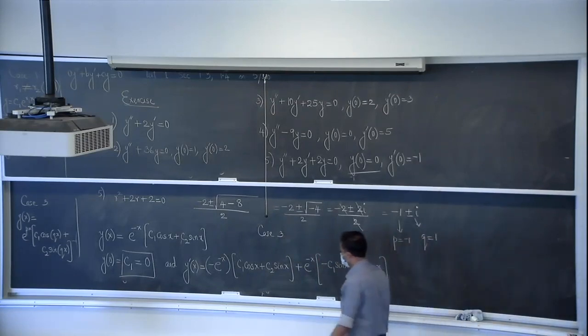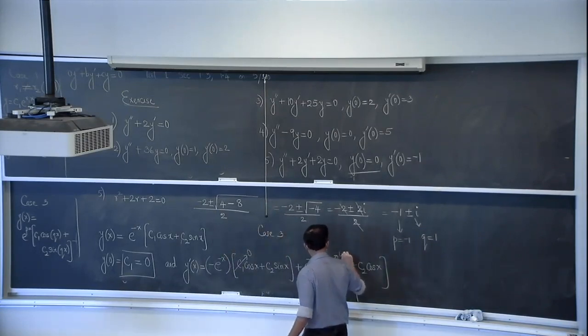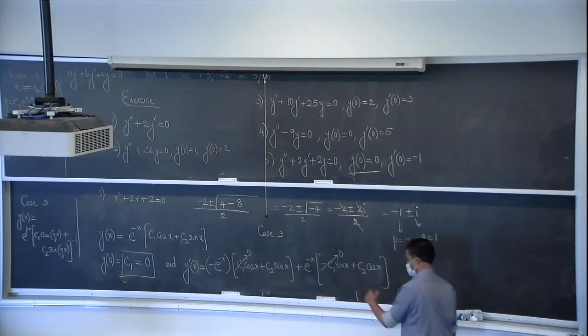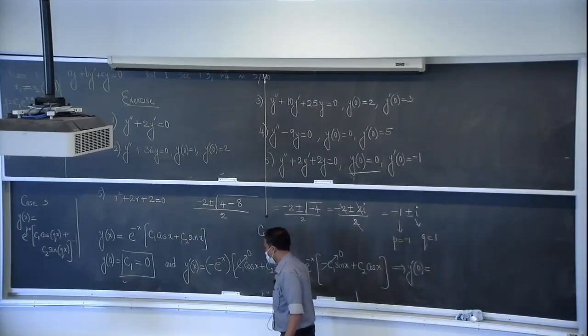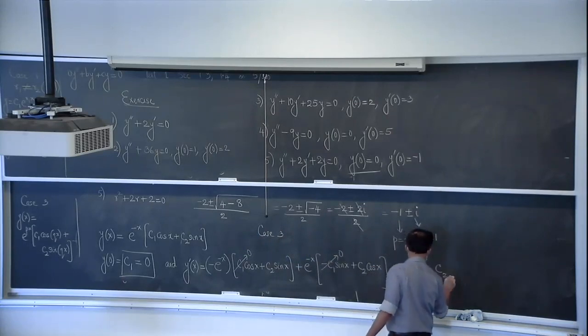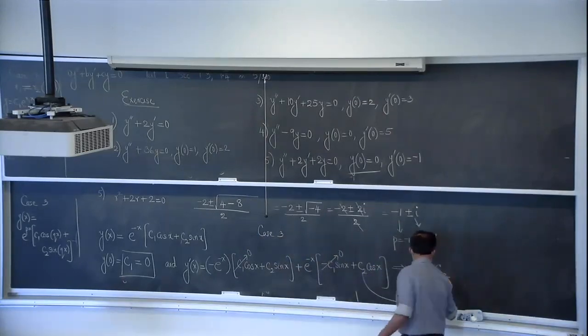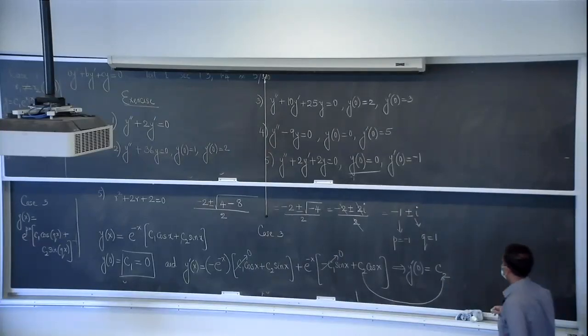And then you plug in. We already have c1 equal to 0, and e to the 0 is 1. So when you plug in 0, y prime of 0 equals, well, sine of 0 is 0, and we have just c2 here. And I gave it to you as negative 1.